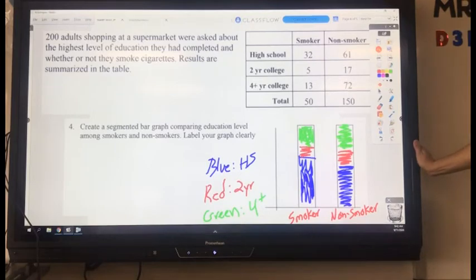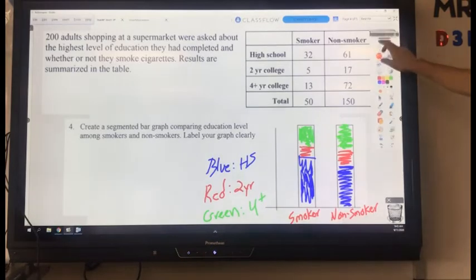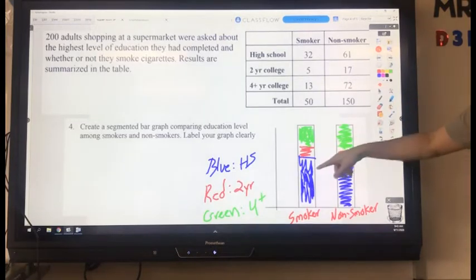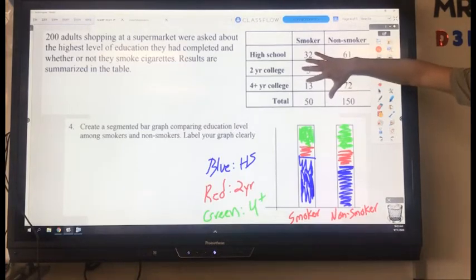Now notice this isn't drawn to scale as far as my levels here between smoker and non-smoker. How do you know? What does this graph say about smokers and non-smokers? As far as, now look at the data, what does the graph say?